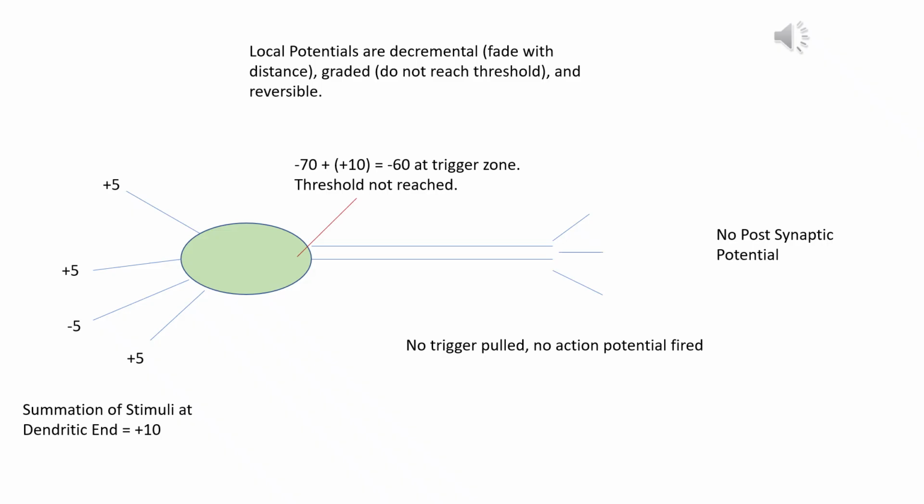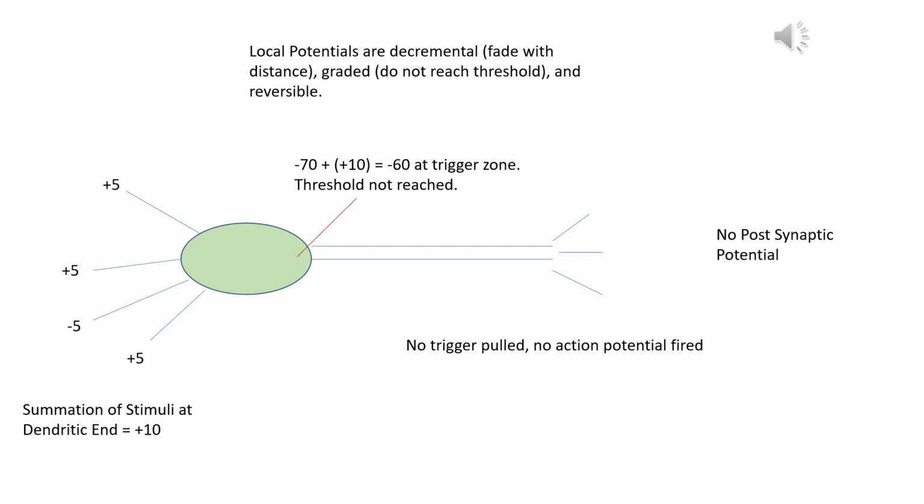We have a dendrite that is bringing in a +5 depolarization. Remember, the membrane potential is at -70. We need to deliver a -55 or better to the trigger in order for the trigger to be pulled.